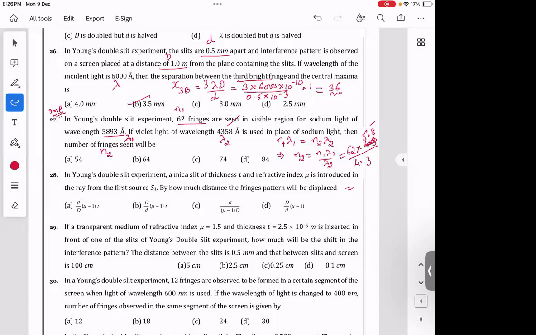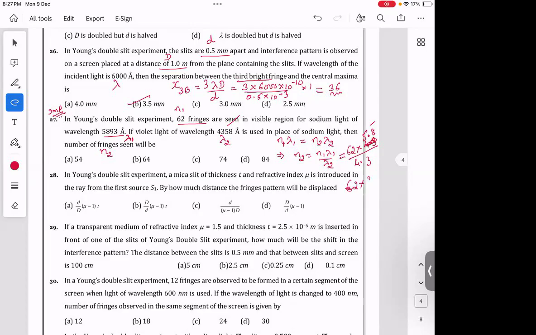So how much will you get? 5.8 you can take as close to 6. 4.3 can be taken as 4. So keep 62 as it is.